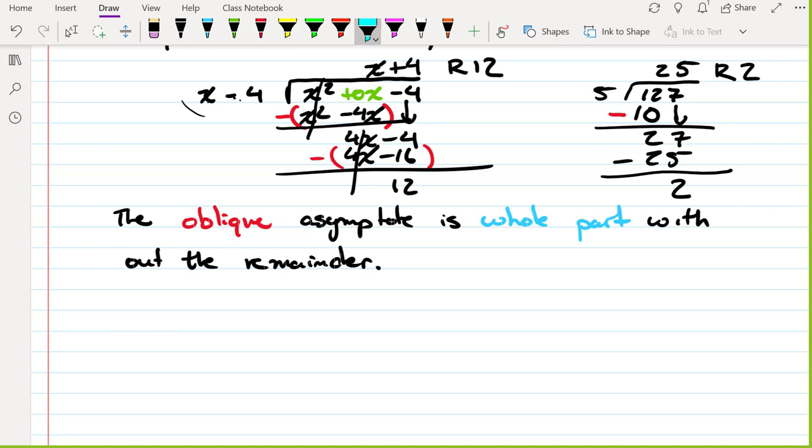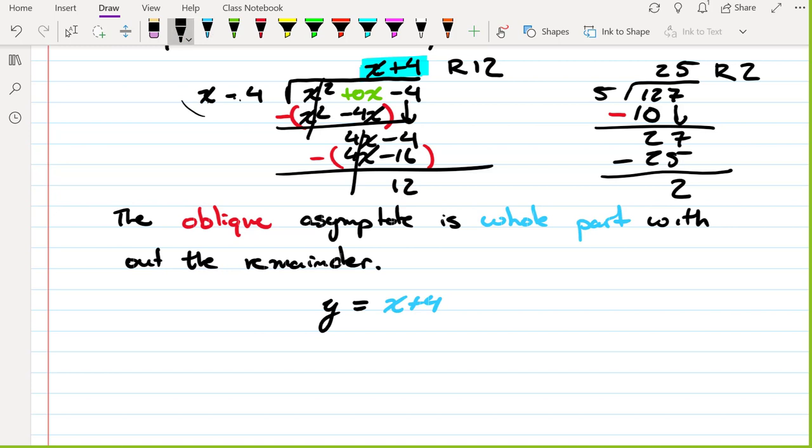So our whole part here is x plus 4. So then that gives us that our oblique asymptote is y equals x plus 4. Well, why is it that our oblique asymptote is y equals x plus 4?